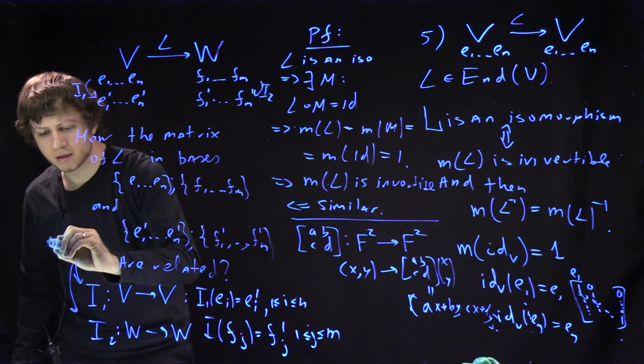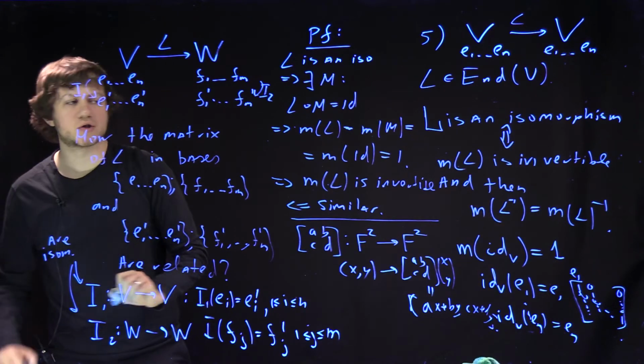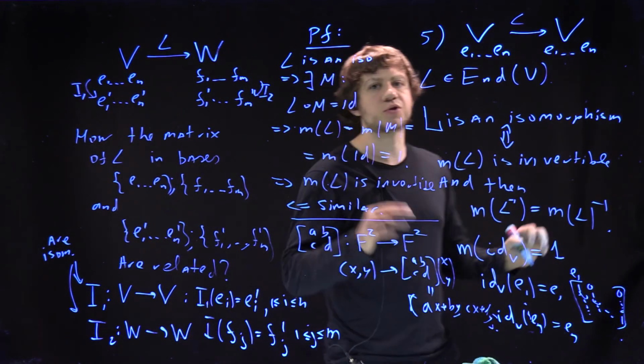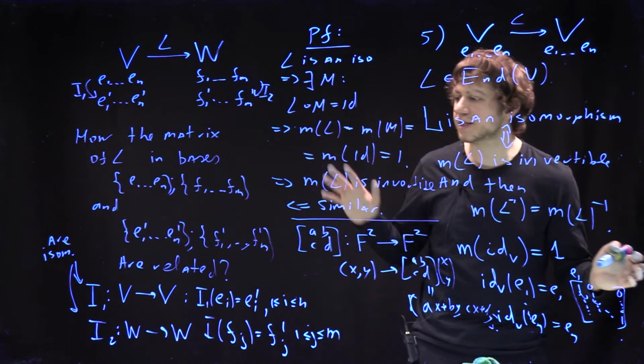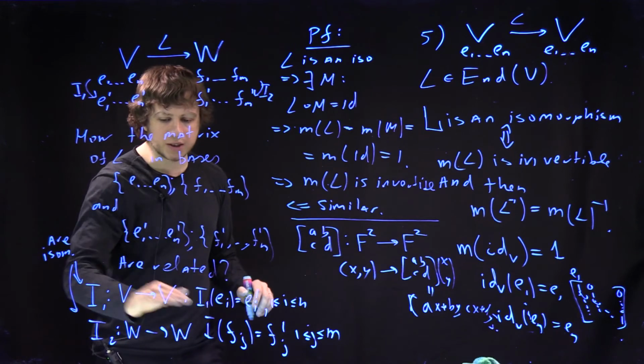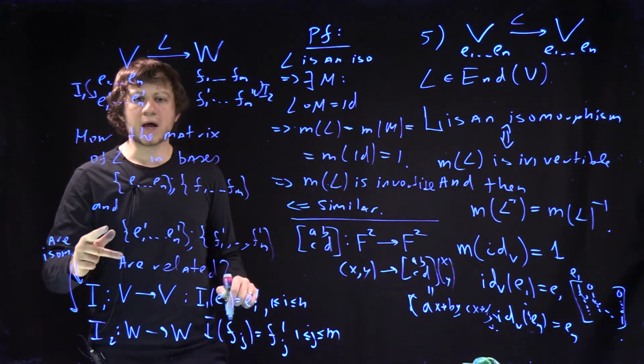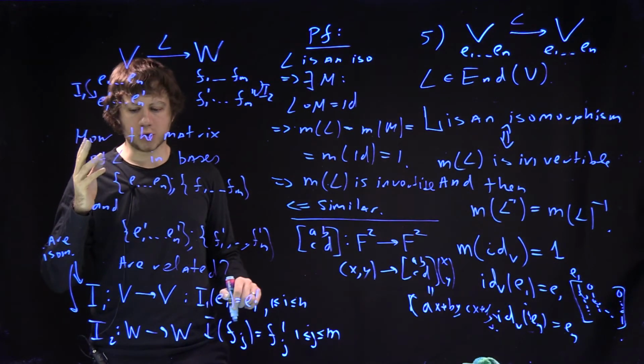Why? Because remember, isomorphisms are maps which take a basis and send it to some other basis. That's what all isomorphisms do. So definitely these are isomorphisms. They exist, and they are unique. Now we can do the following.